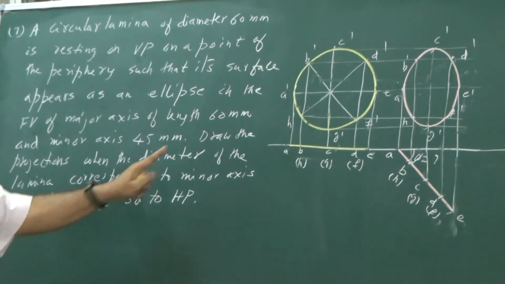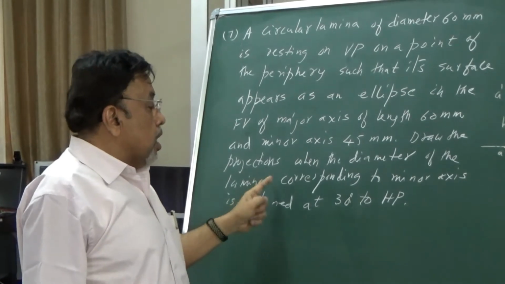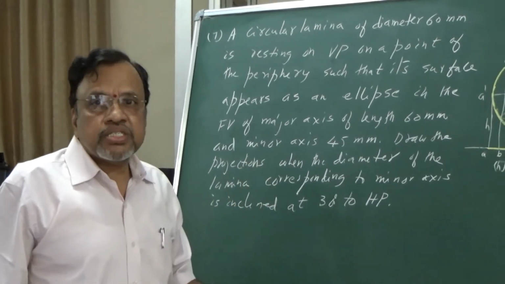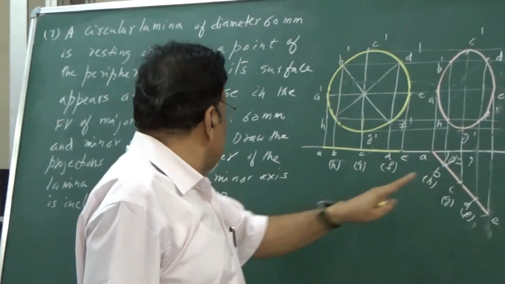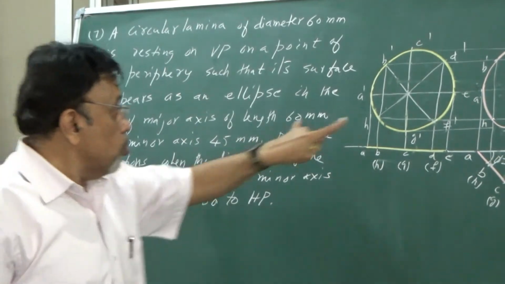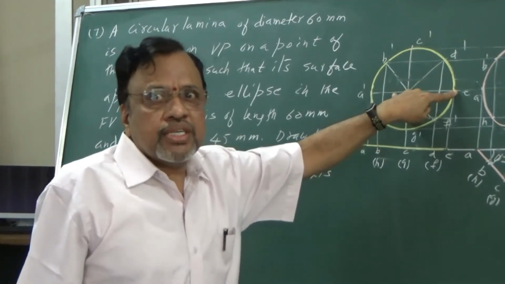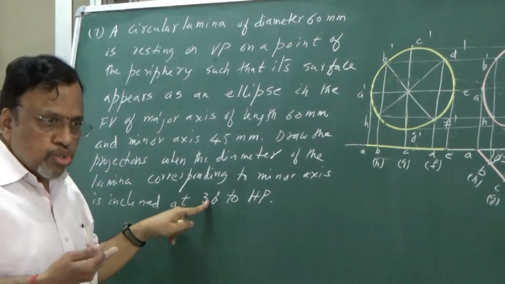To satisfy this, it is given that draw the projections when the diameter of the lamina corresponding to minor axis. So what is meant by this? This particular point. Diameter. So what do we mean diameter? That is your true diameter. So true diameter is given, but what is the angle then? So angle given is also true angle.